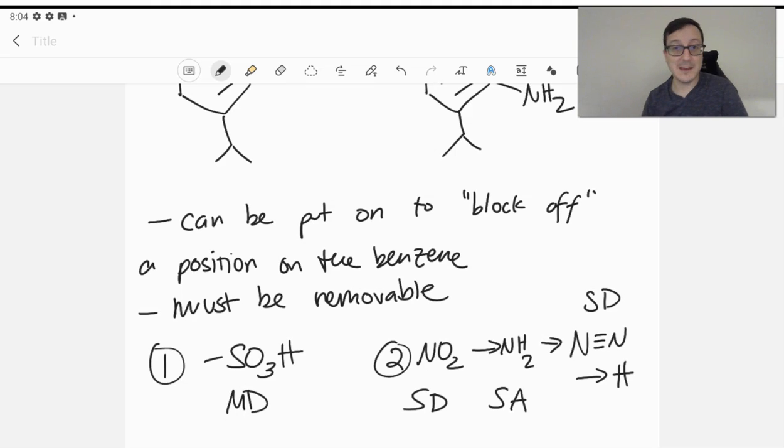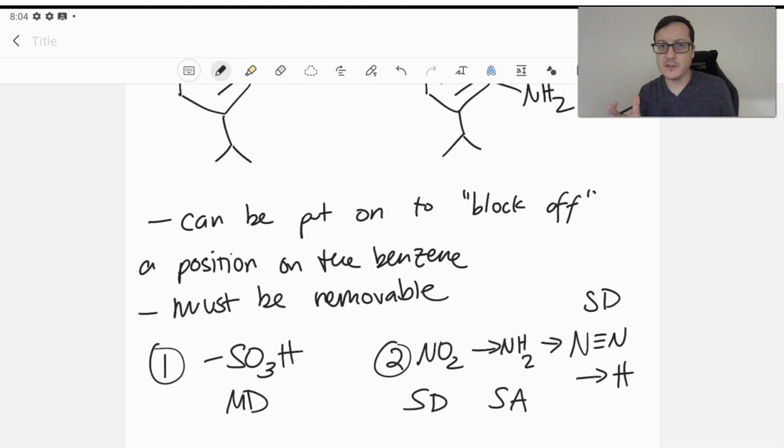So depending on what we need, if we need a strong activator, it may be a good idea to go the amine and then diazonium route.